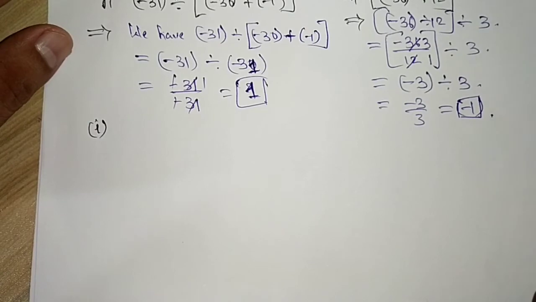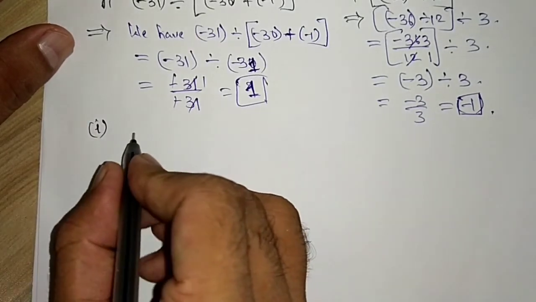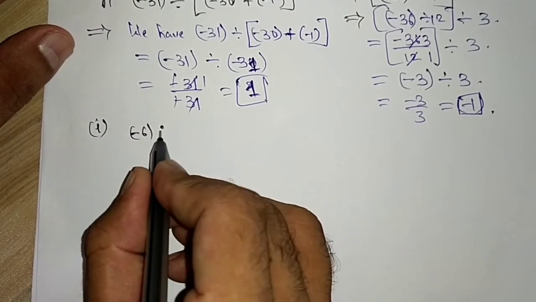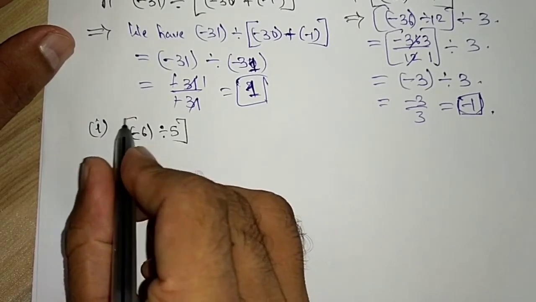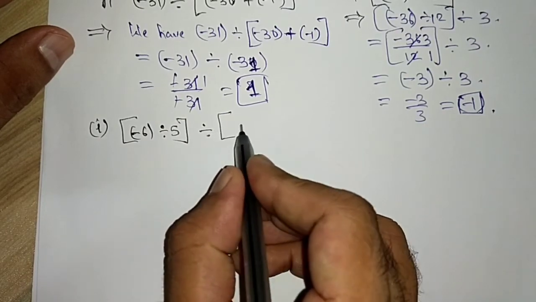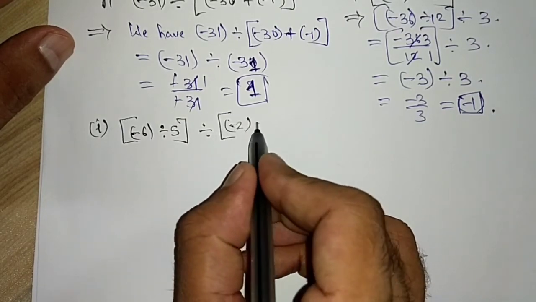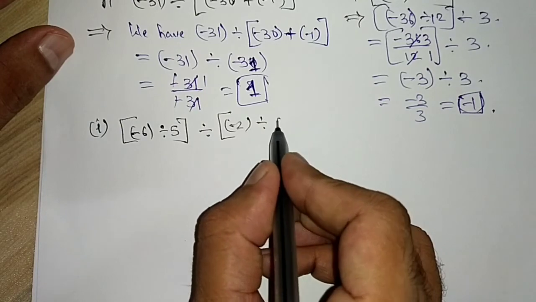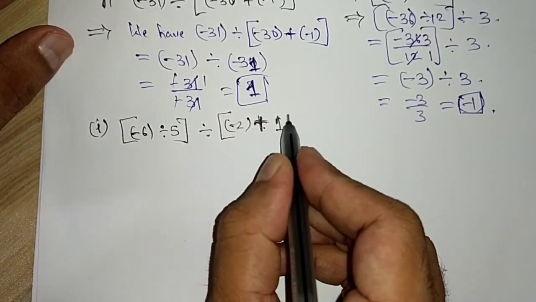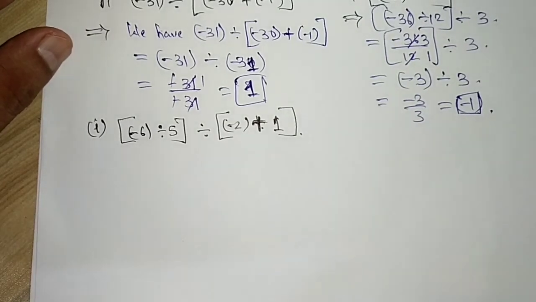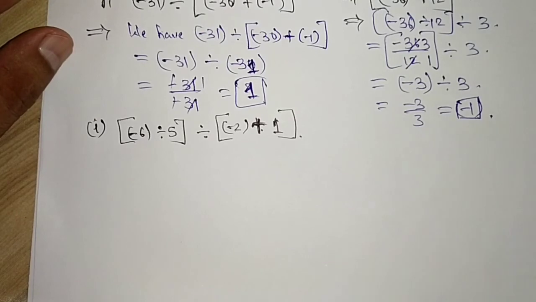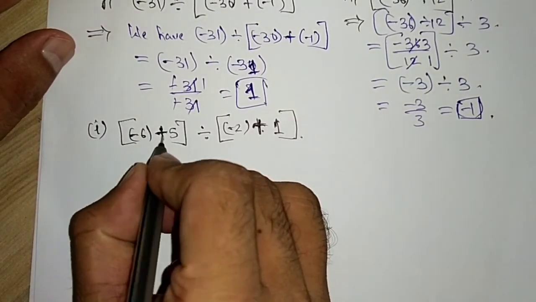So this will be the last part. Minus 6 divided by 5, this is in one bracket, divided by again another bracket, minus 2 plus 1. Students, I have made one mistake. This is plus.